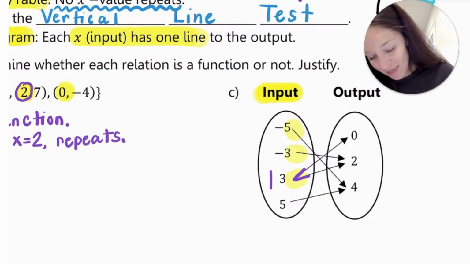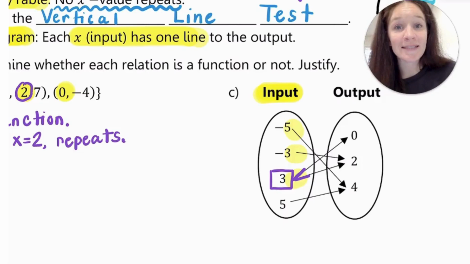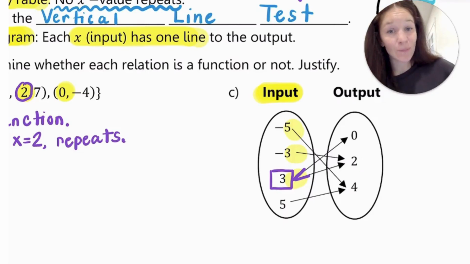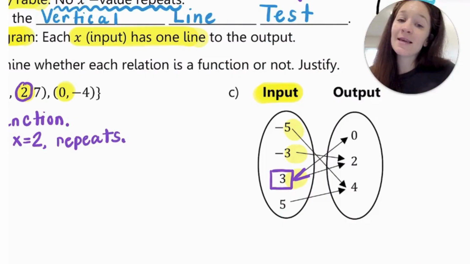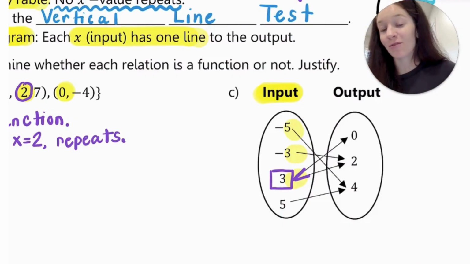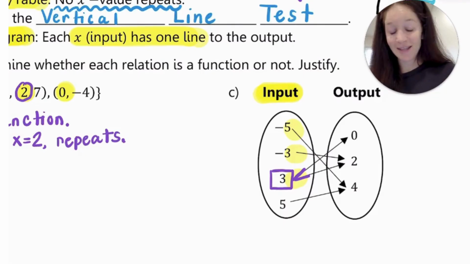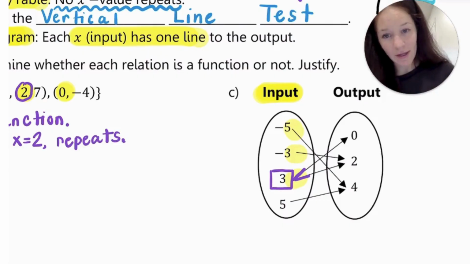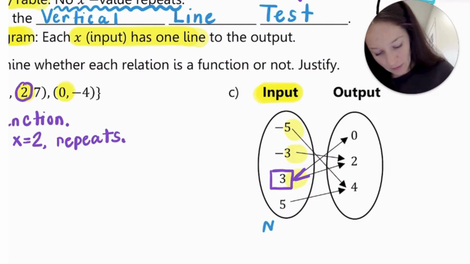I see that this value of 3 is mapping to both the 0 and the 2, right? So I see that the input is mapping to 2 outputs. So therefore, because x equals 3 maps to 2 values, this relation is not a function. So I'm going to write that here. Not a function.